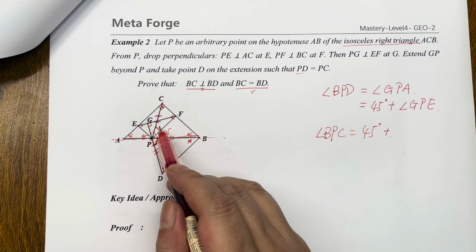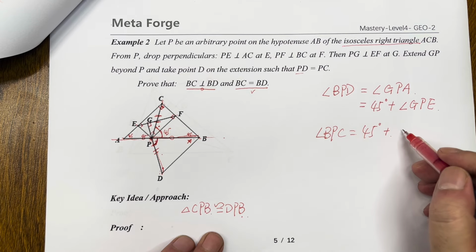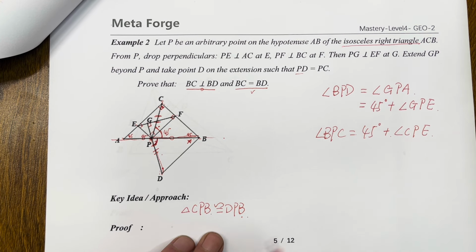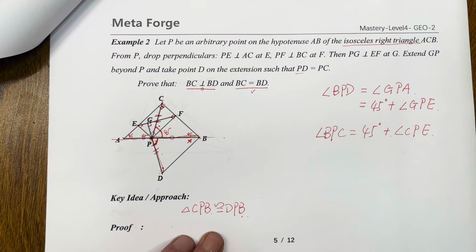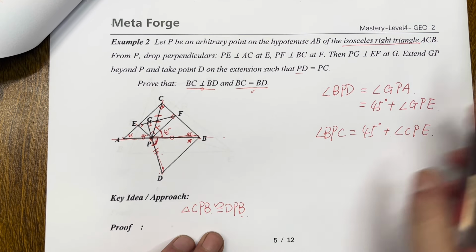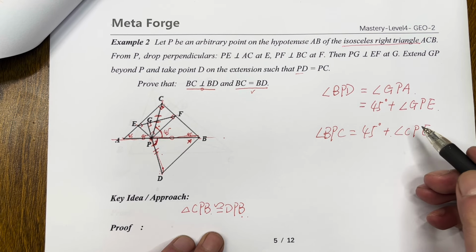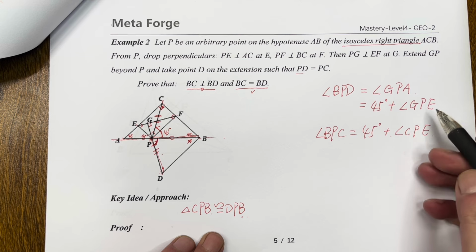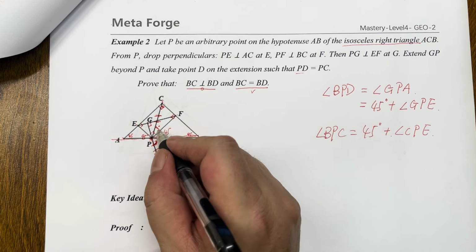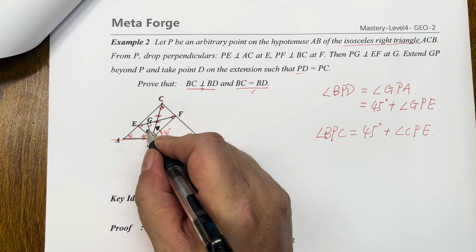Minus this small angle CPE. CPE. The remaining step is to prove this angle and this angle are equal.